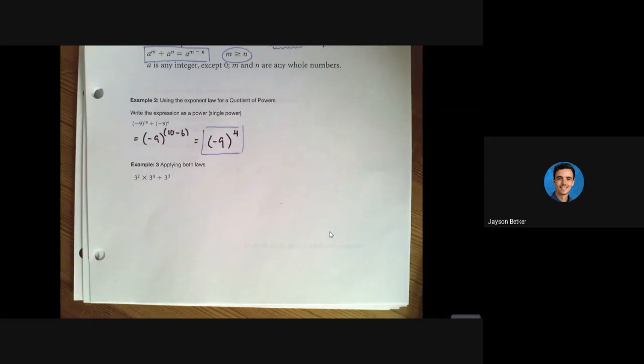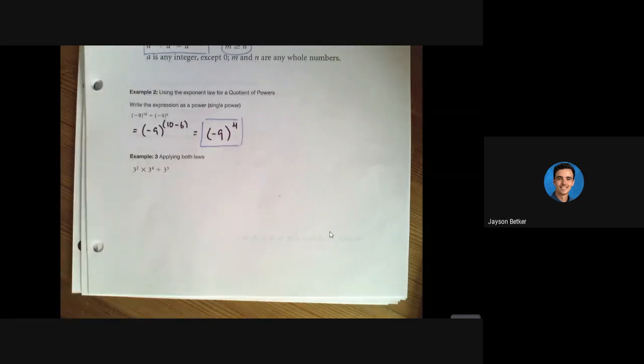Now, let's do a problem where I have to apply both laws at the same time. I've got 3 to the 2 times 3 to the 4 divided by 3 to the 3. All of the bases are the same here. So we're going to add the exponents of the two powers that are multiplied, and then after we're going to subtract the exponent of the power that is divided.